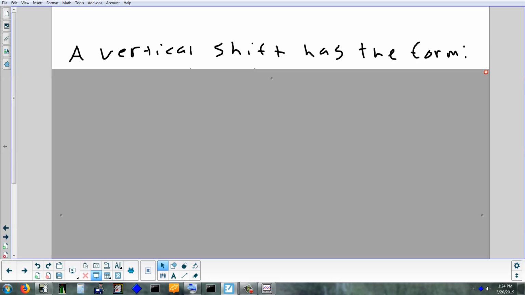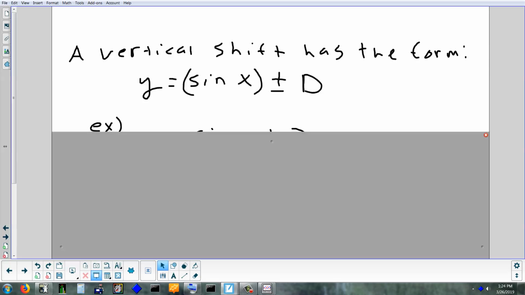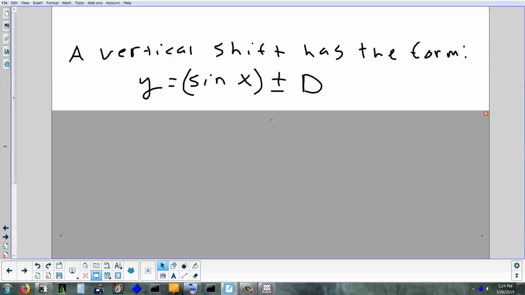Addition or subtraction. It's going to be the same thing here. So what's the difference? How can you tell the difference? It's on the outside of parentheses.